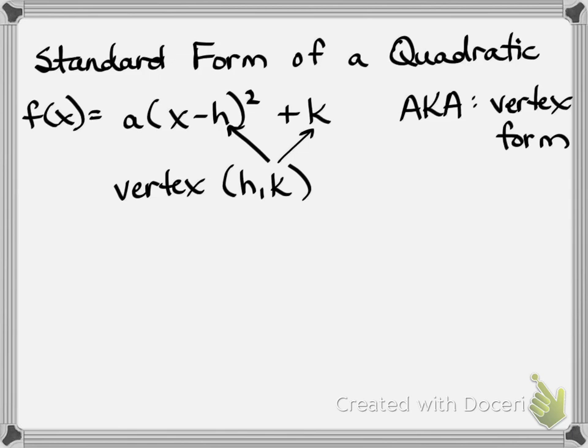All right, so we're going to do an example, and we're going to take a quadratic and we're going to identify the vertex. Describe the graph and identify the vertex. Let's go to the next page.